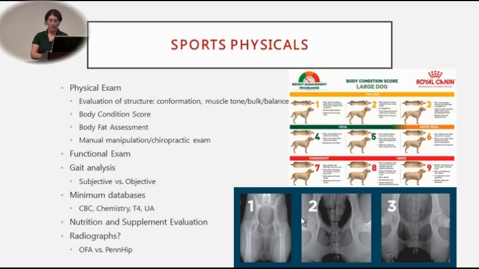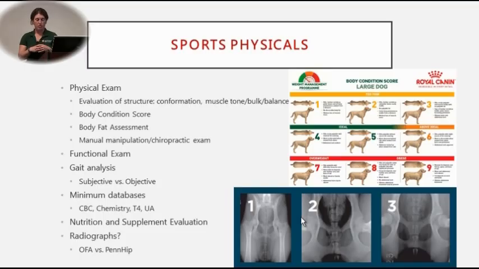Radiographs are great information too if you can get your clients to do just a general hip and elbow kind of screening. I'm trying to push people to do shoulders too, especially in border collies. We see a lot more OCD lesions than we used to think. And then the different types of hip x-rays, you can do just your general OFA style hip x-ray, so the extended hip view.